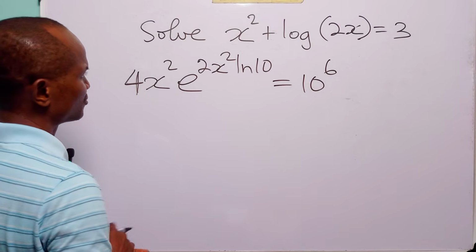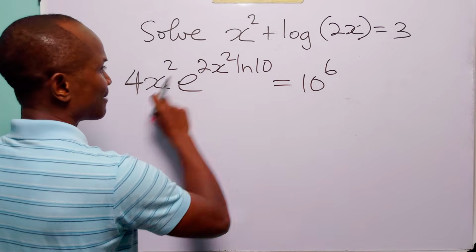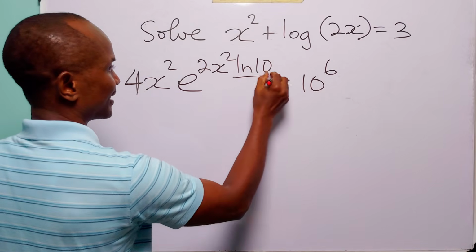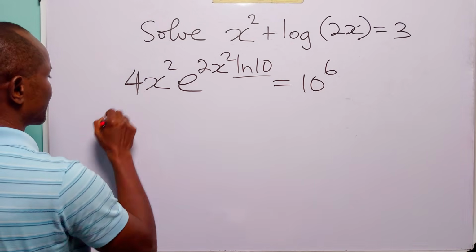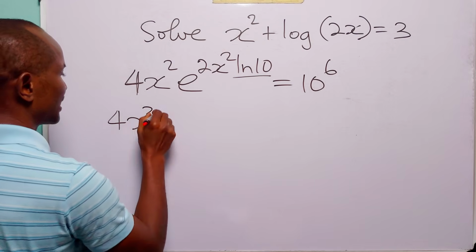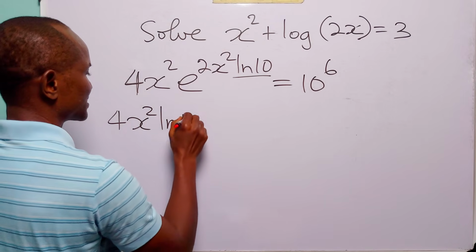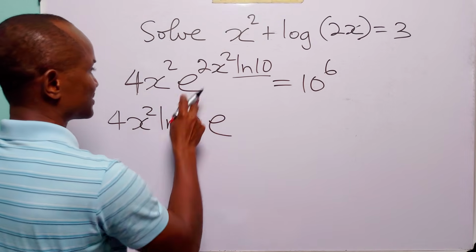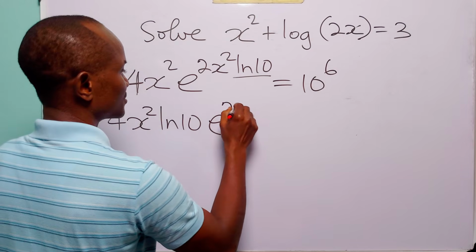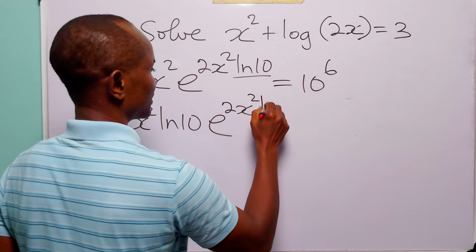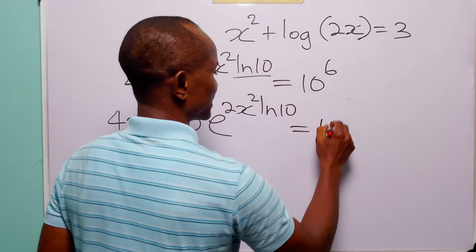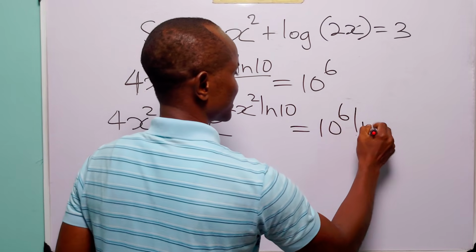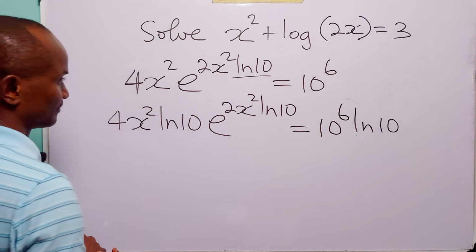Now, the next thing we are going to do is multiply both sides of this equation by ln 10. When we do that, we have 4x squared times ln 10 times e to the power 2x squared times ln 10 is equal to 10 to the power 6 times ln 10.